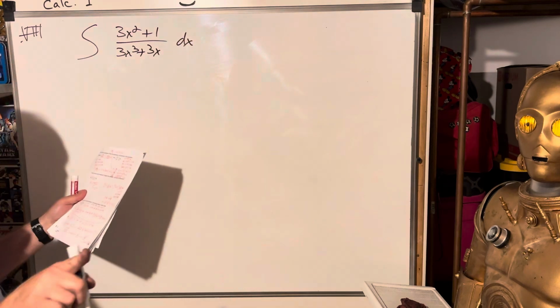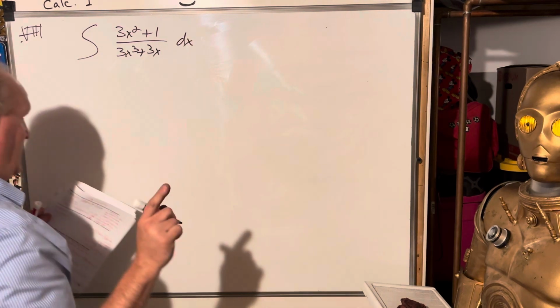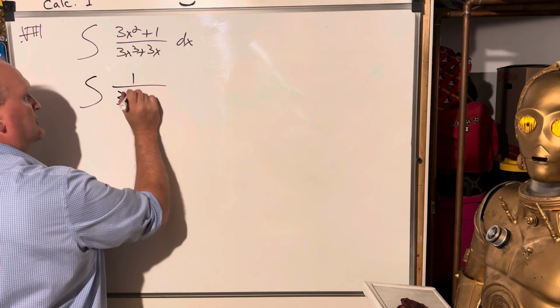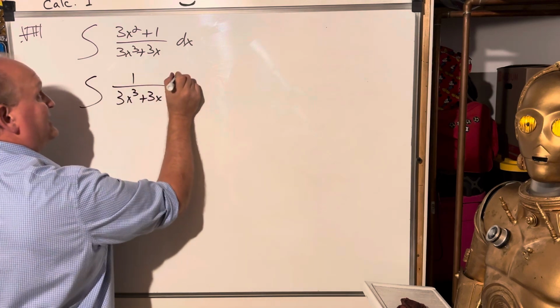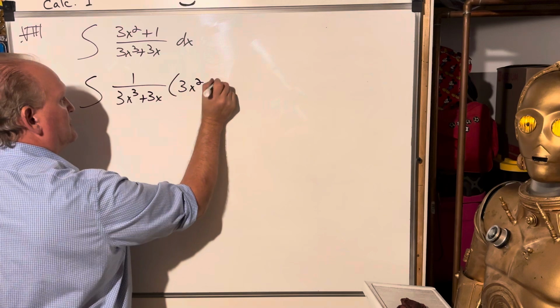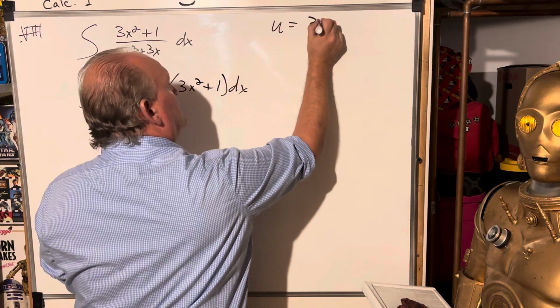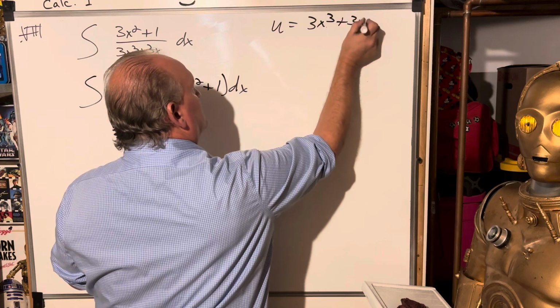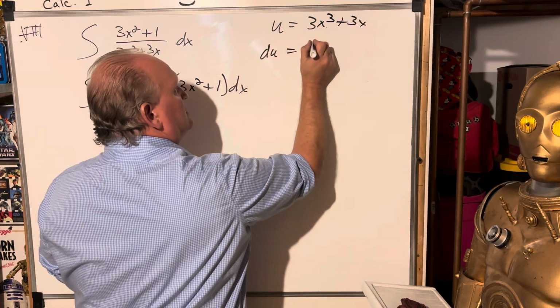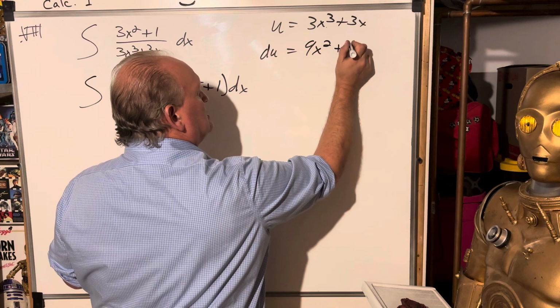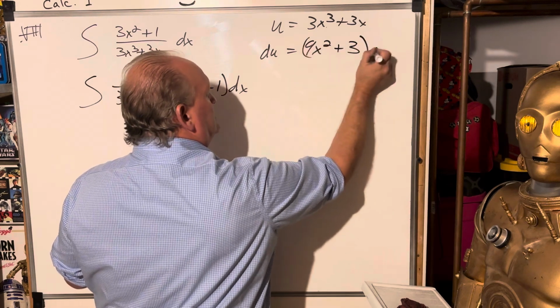So again, let's say this is 1 over 3x cubed plus 3x times 3x squared plus 1 dx. I'll say u is equal to 3x cubed plus 3x, du is equal to 9x squared plus 3 dx.